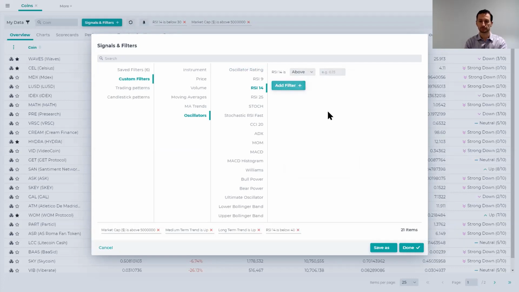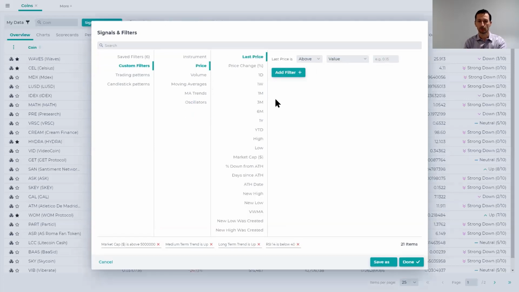Okay, we got 21. And add our market cap. That will probably eliminate a few as well. Market cap above 5 million. All right, we got 21 coins. Nice.